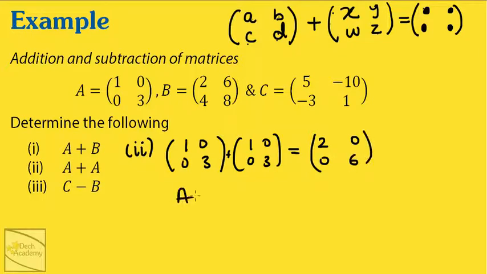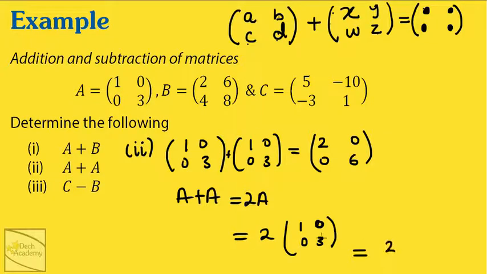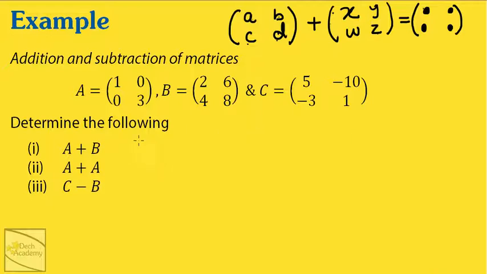Alternatively, you could say A plus A is 2A, that's 2 times matrix A, so you're multiplying a matrix by a scalar, this number 2, and that will give 2 times 1, 2 times 0, 0, 2 times 0, 0, 2 times 3, 6, which is the same result as here.